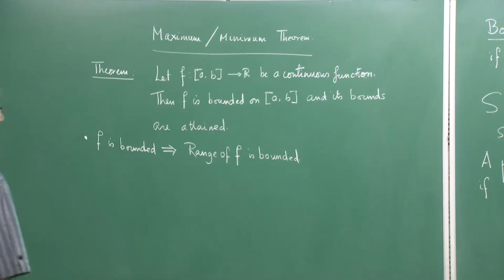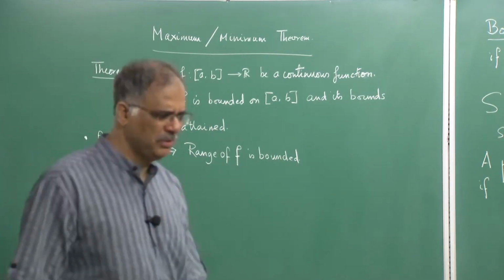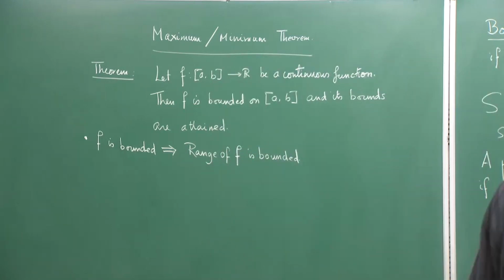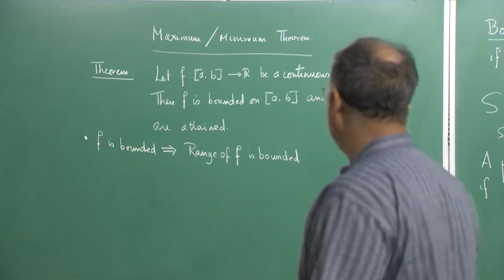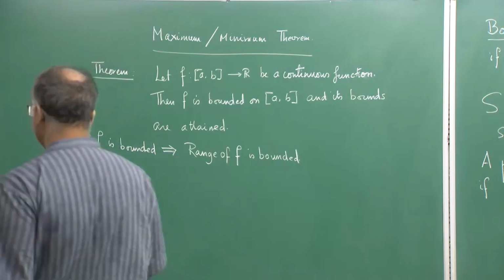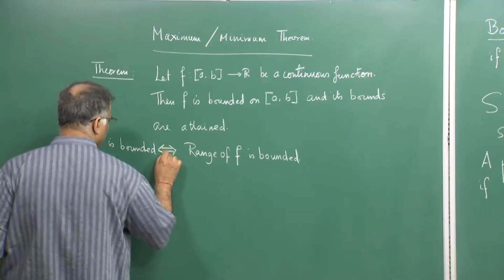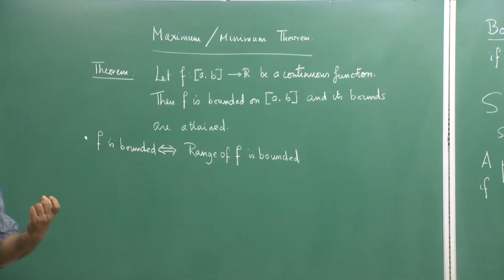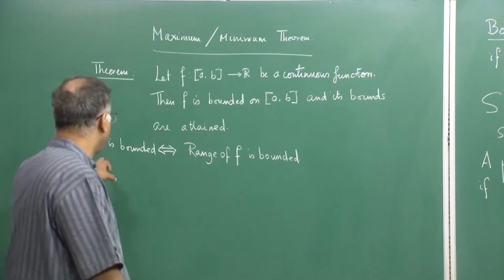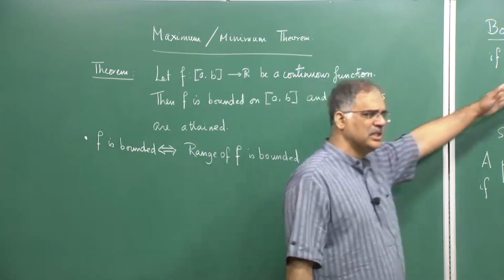Obviously, you know by now what is the meaning of the range of f, so I am not going to write it down. If the range of f is bounded, then we say f is bounded. So, this is the link: boundedness of a function is linked to the boundedness of a set.